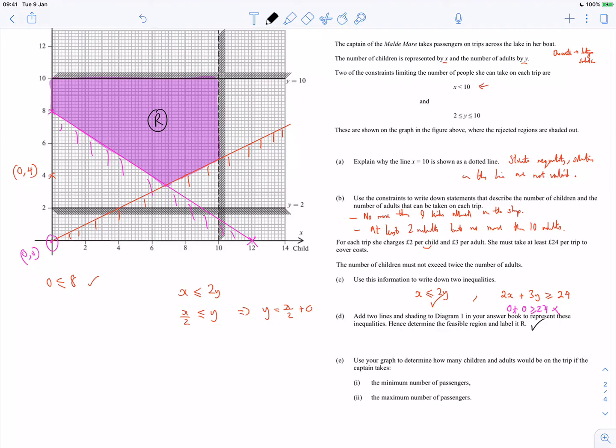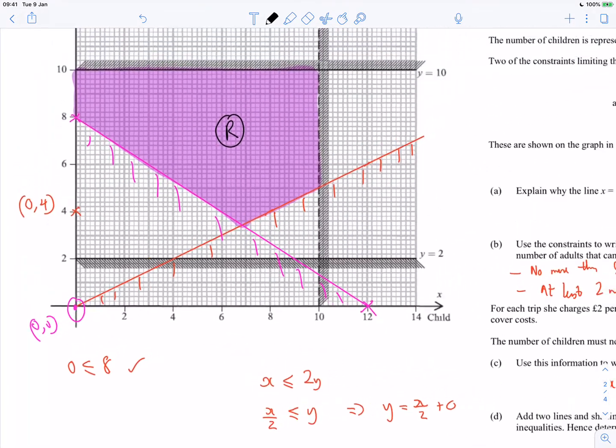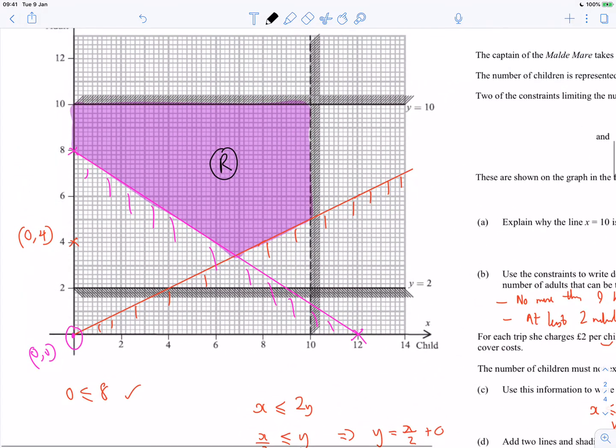Okay, well, the minimum number of passengers, well, put it this way, the vertices are going to maximise stuff, aren't they? So we're either dealing with this point here, this point there, this point here, this point here, or this point here. But it's important to notice that because this is an inequality, I can't actually use that.